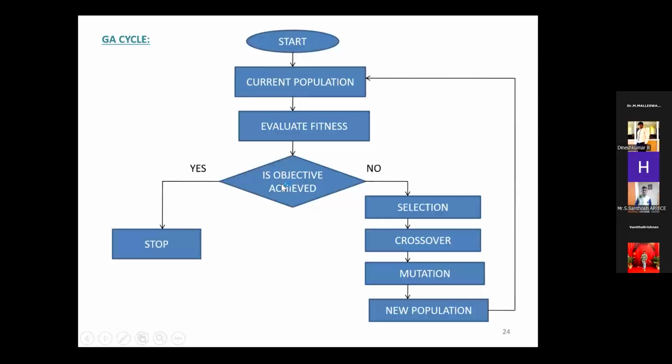Otherwise, it continues with the selection of your parent chromosomes and new offspring chromosomes, which must be crossed over, then mutated. After the mutation, you find a new population. Crossover and mutation are important parameters in the genetic algorithm that we will discuss later. Once the new population is achieved, it can be compared to the current population. Then you evaluate the fitness. Like that, this process will be continued.